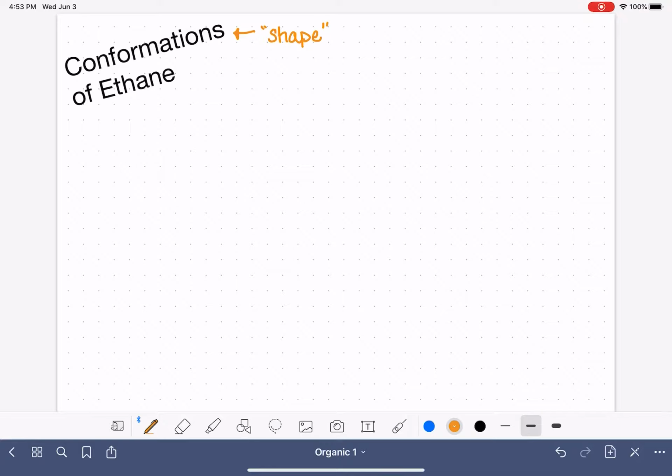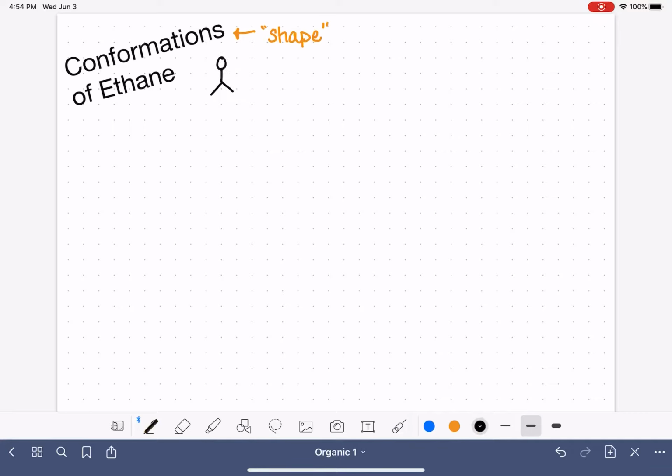It's pretty easy for students to confuse conformations with something like constitutional isomers. Try to not get those concepts confused. Conformations, or shapes, are different forms that the molecule can take without changing its identity. So for example, let's use an analogy.